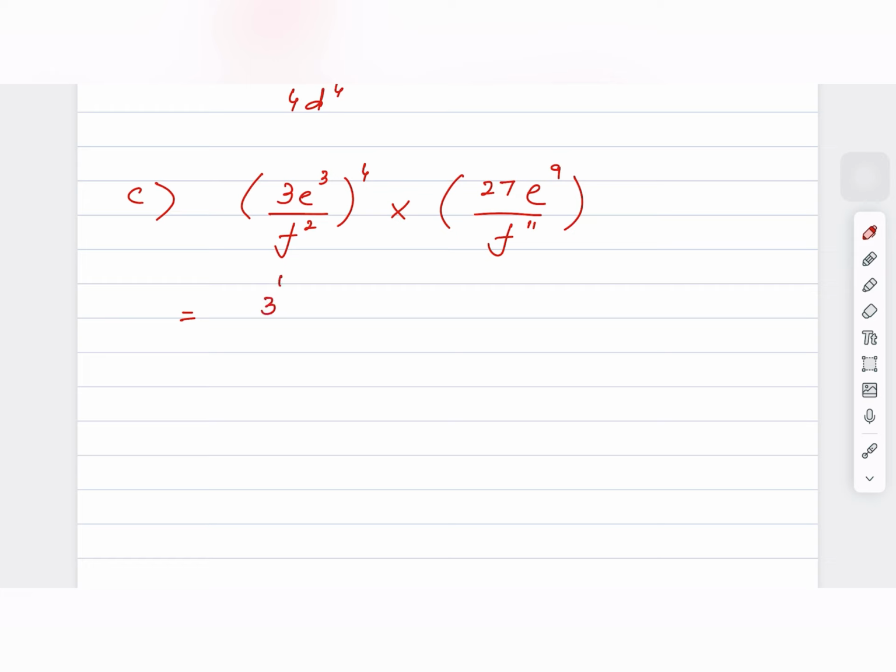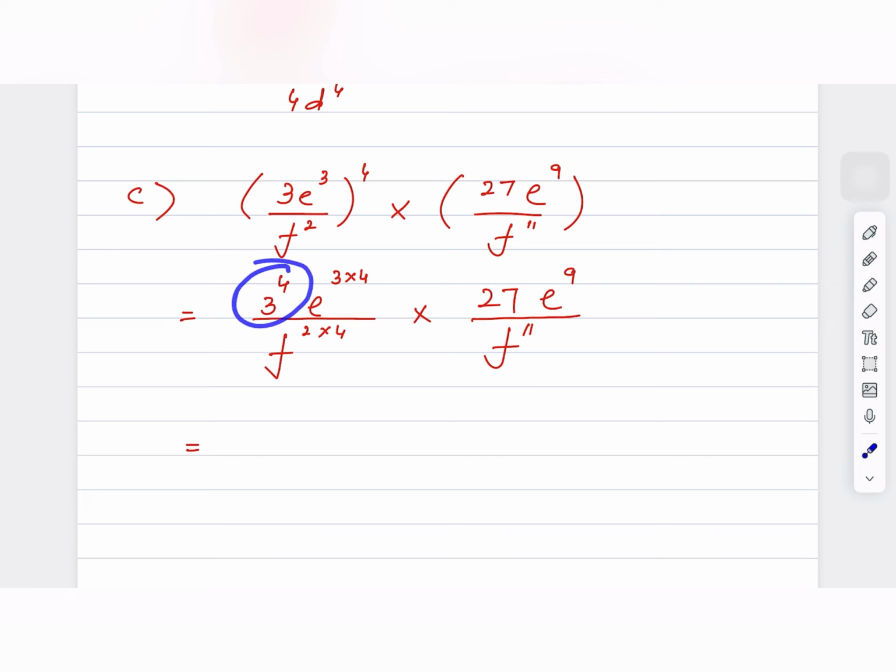So this is 3 power 4 e power 12, 3 times 4, and in the denominator you have f squared multiplied by 4, multiply 27 e power 9 over f 11.